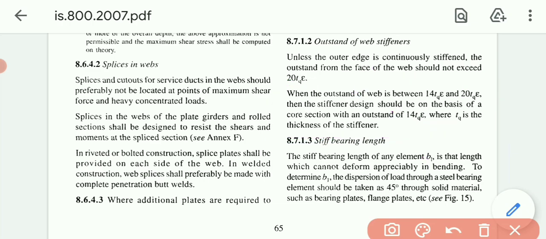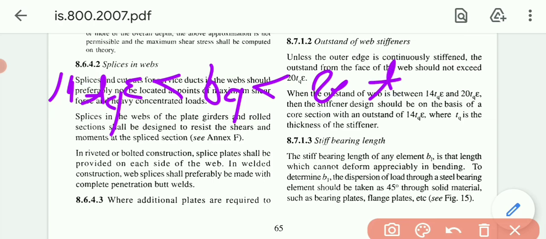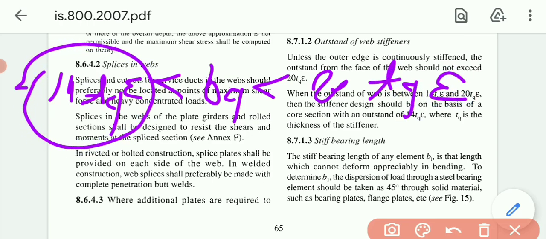It means that if our assumed width of the stiffener is between 14 t_q epsilon and 20 t_q epsilon, then we can use the core section of 14 t_q epsilon. Out of the total dimension, only 14 t_q epsilon is our effective area, or core section. But as we are designing the stiffened plate girder, we need much more safety.